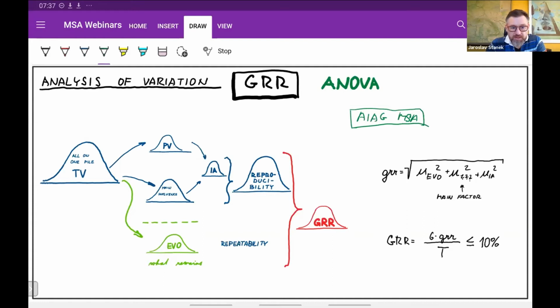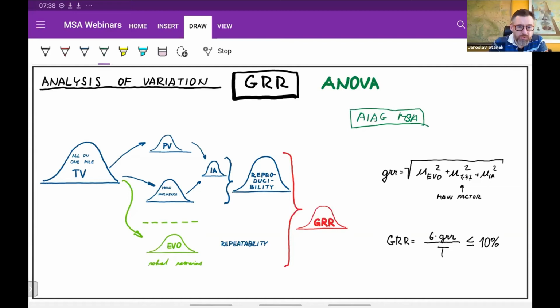That's because this is probably historically coming from the side of the production processes, where we require 99.73% confidence of being in tolerance, which leads to plus minus 3 standard deviations. So it's just a translation of that. And 10% is just being conservative.